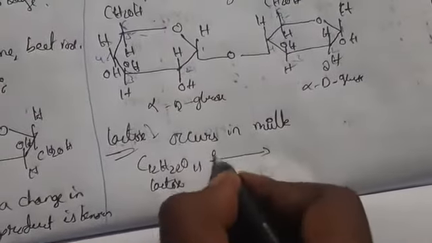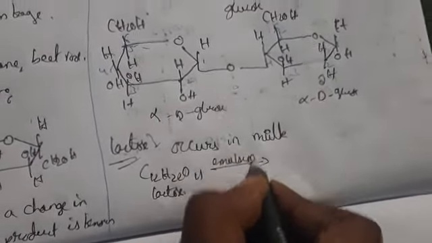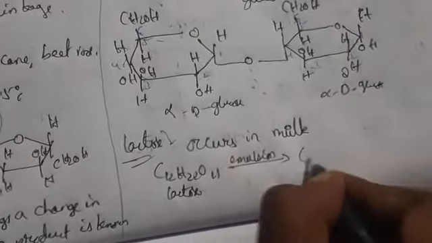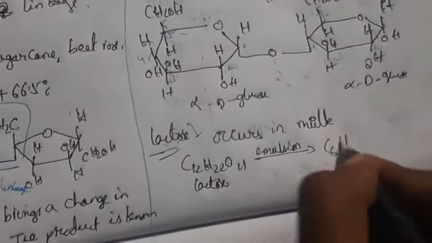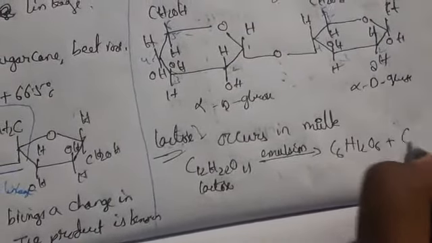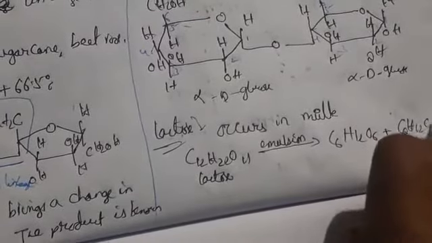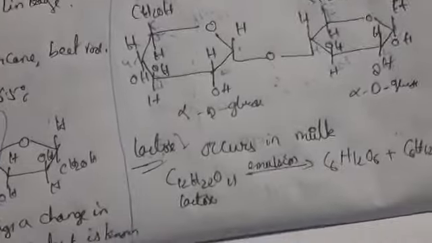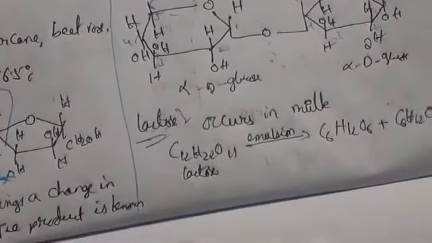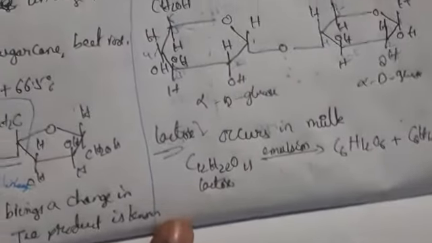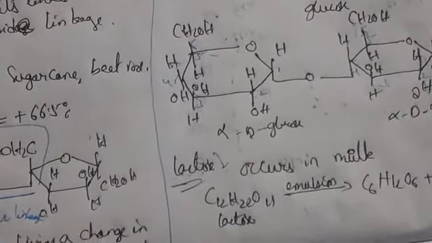This is an emulsion process, because milk contains oily fat liquid. These two types of compounds are formed: one is galactose and the other is glucose.